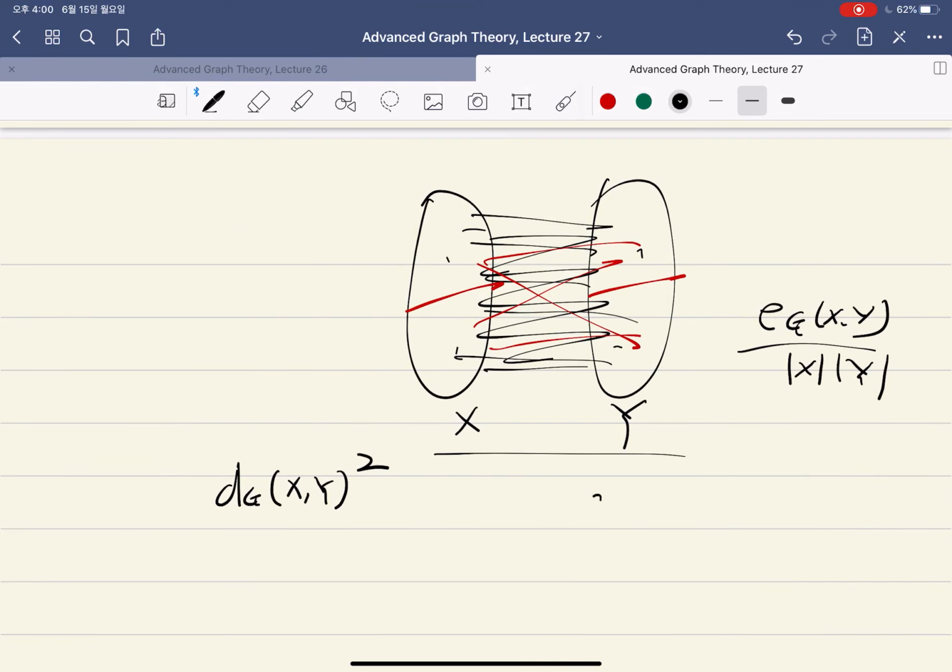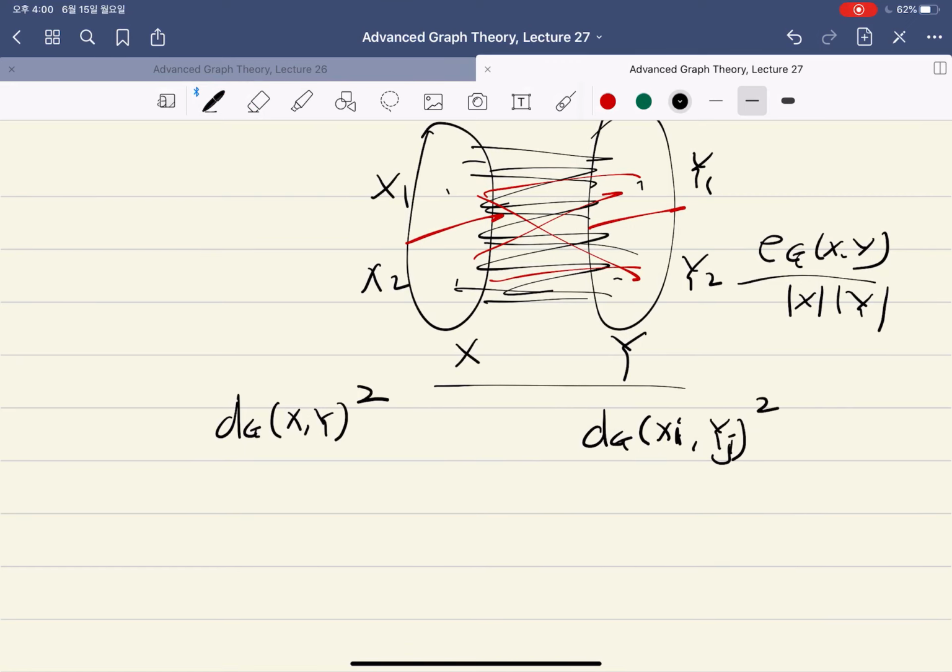Then you can consider x1, x2, y1, y2, xi, and yj. And then you take the square, and then you sum it up with the average.